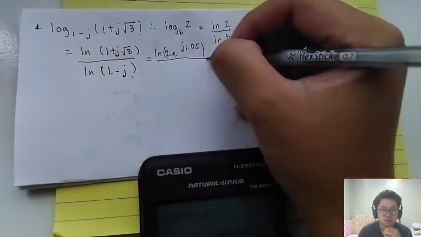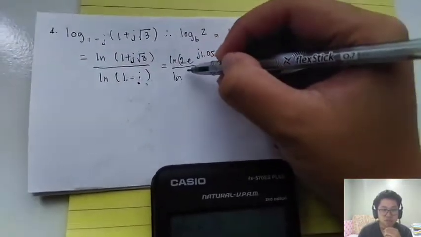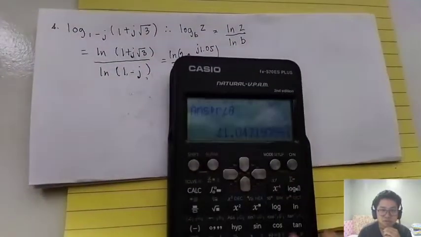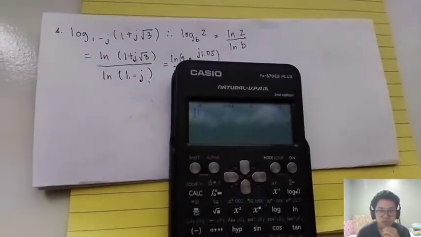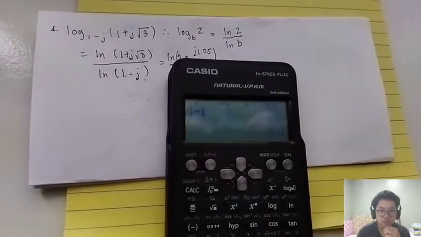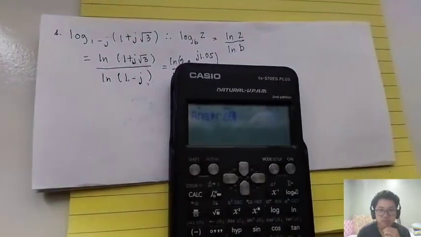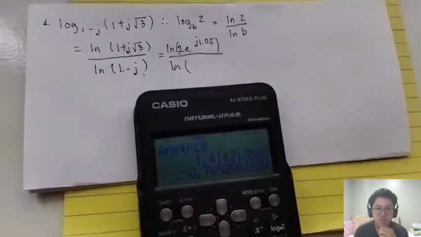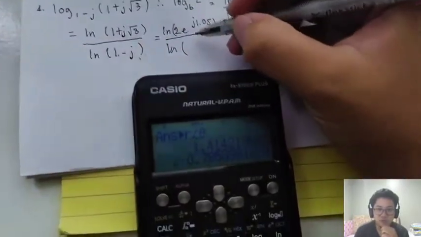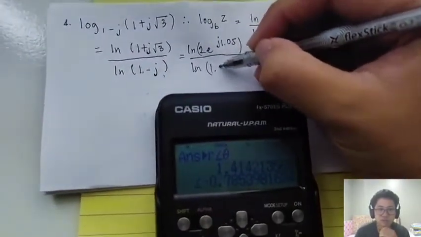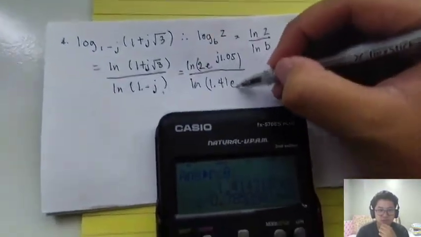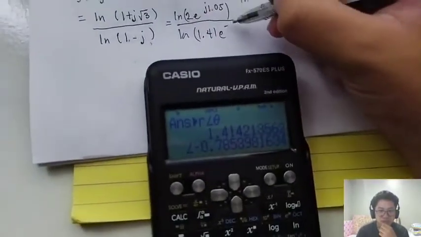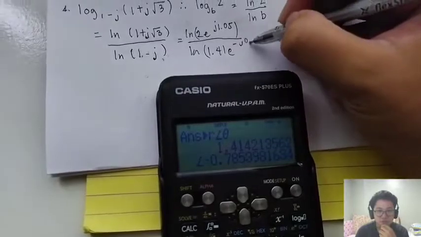Now, to the denominator, that is ln of the exponential form of 1 minus j. My calculator is already in radians, so that is 1.41 e raised to negative j 0.79.